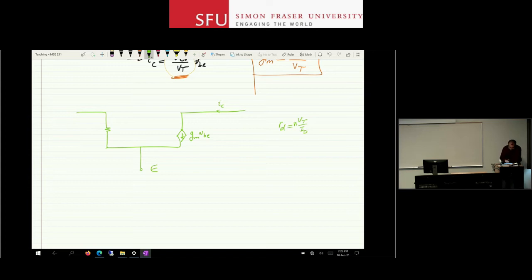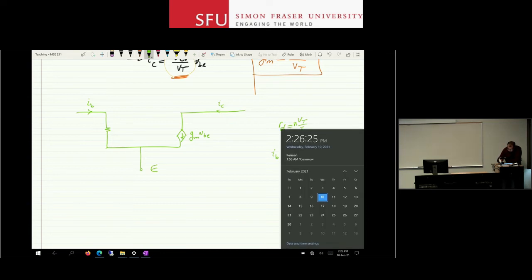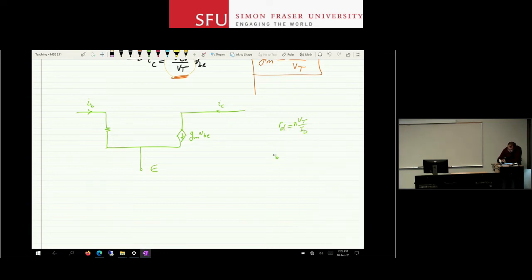ID in this case, well, ID is IB. The current that is going through the resistor is IB. So the resistor value between base and emitter is VT over IB.